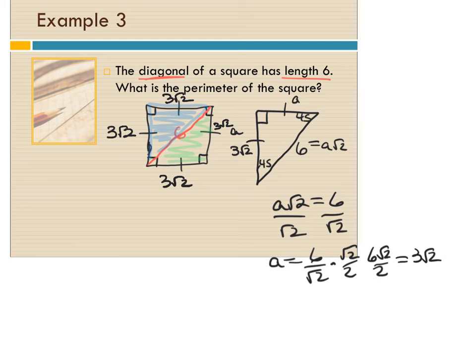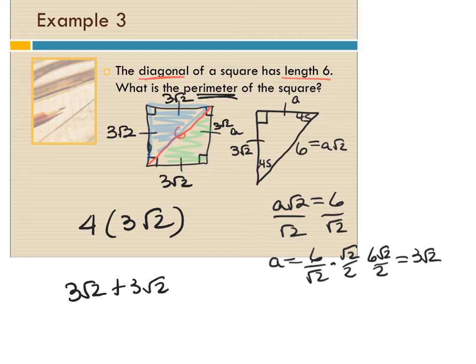Now this question did not ask us to find the length of the leg, it asked us to find the perimeter. So now, this is going back to adding radicals. I can find the perimeter 2 ways. I can either just take one of the sides, multiply it by 4, or I can take 3 square root 2 and keep adding this.